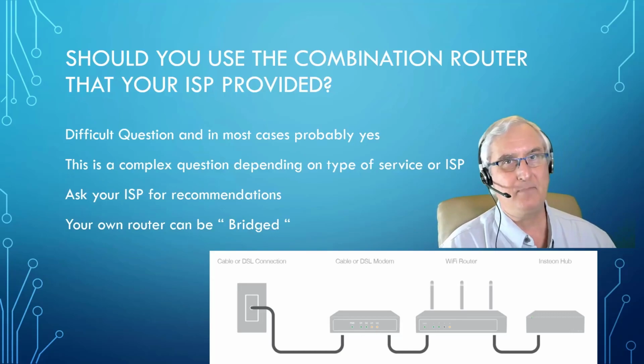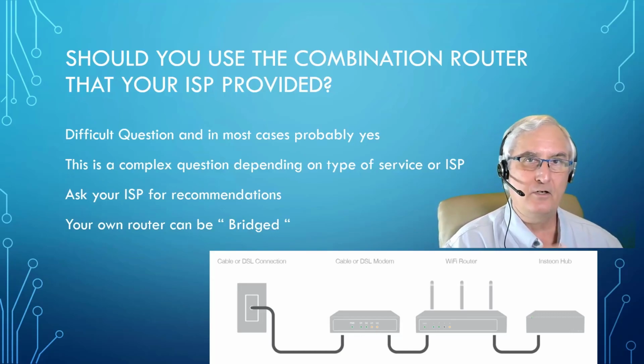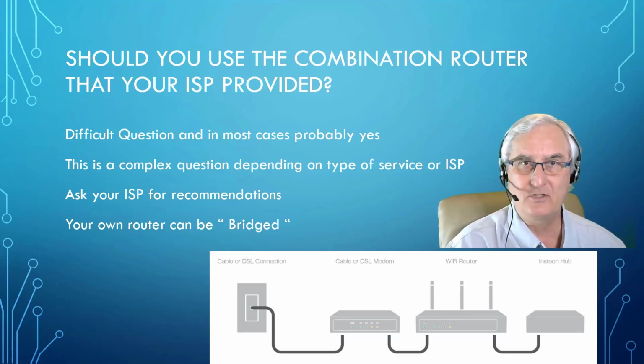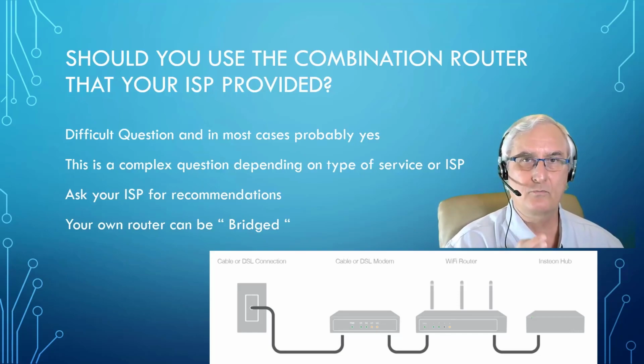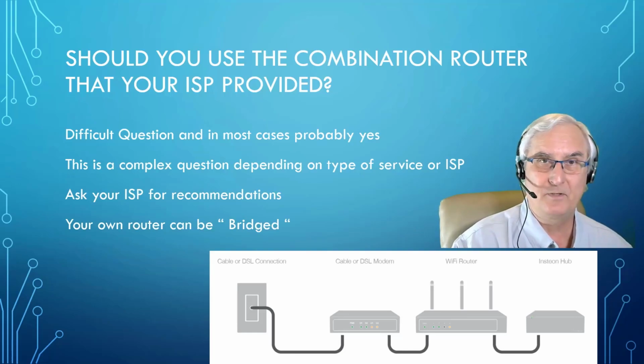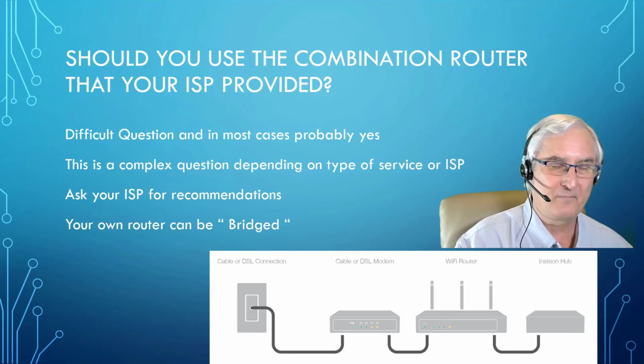Now, what does bridging mean? Well, this is where your ISP has to make some changes in the software, usually through their central computer system, which allows you to bridge your own router. So why don't they just let you plug your router into the modem?